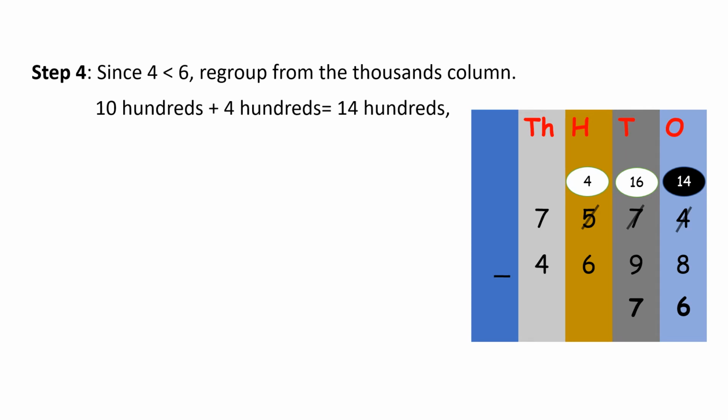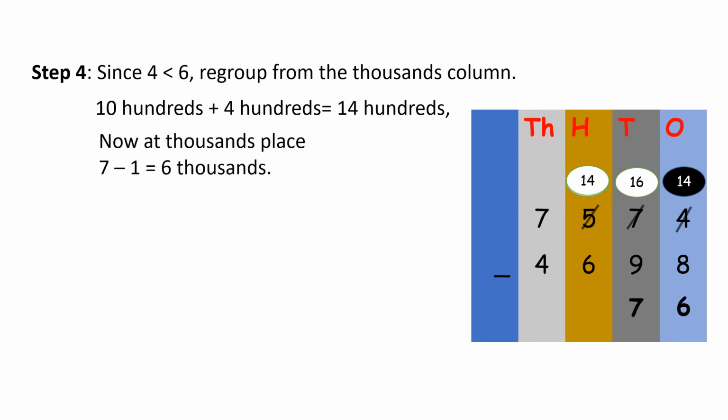So we can write 10 hundreds plus we have already 4 hundreds here. So total 10 hundreds plus 400 is equal to 14 hundreds. So in the hundreds place digit, the 4 will change into 14, and in the thousands place we already taken 1000 from 7000. Now only 6000 are remaining there.